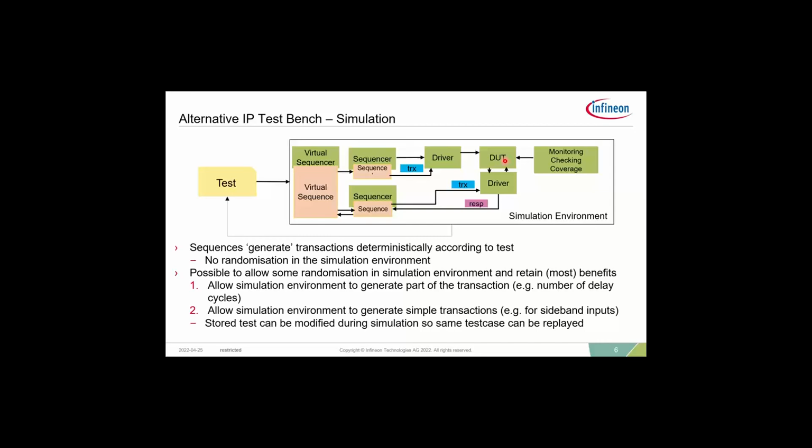Okay, and then another question is how much randomization would you leave in the simulation environment? How much would you put into the test generator? Are there guidelines for that? I would put as little as possible in the simulation environment. I would only put randomization in the simulation environment if it was really necessary. I think the example you gave was on delays. That's a good thing to put in the environment rather than into the test generator.